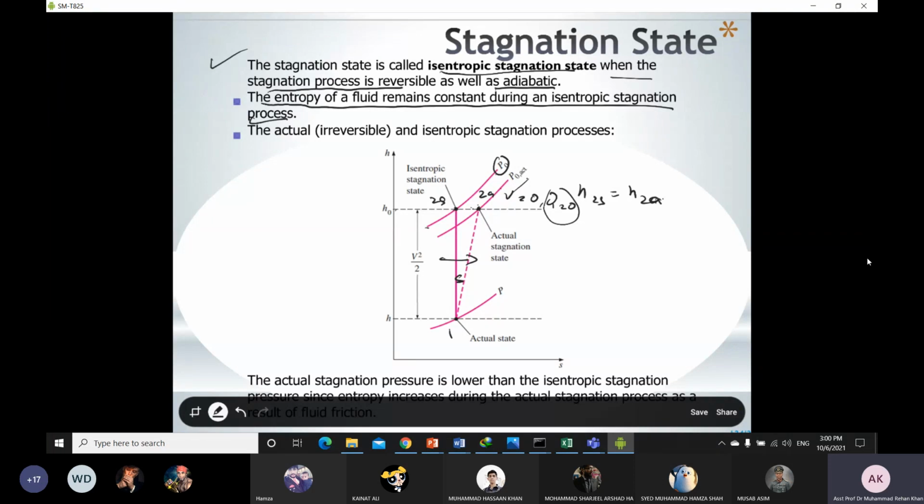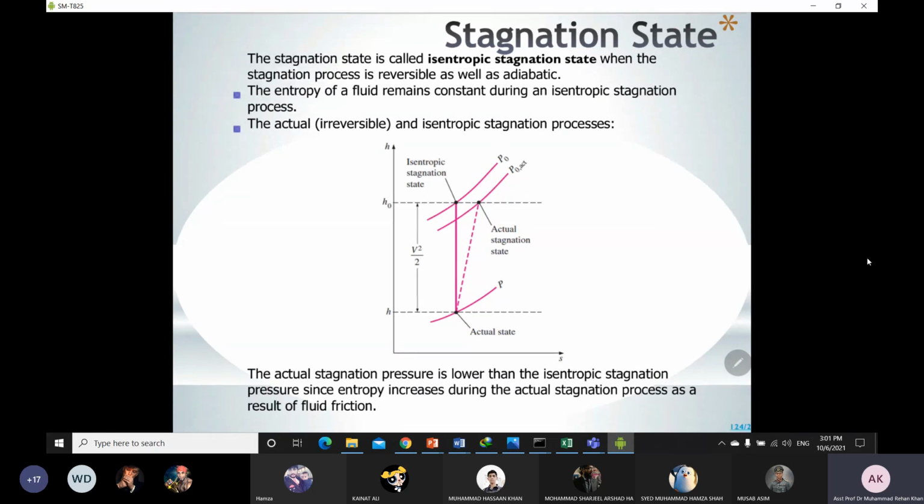This difference comes from the irreversibility, which is from the fluid friction. In the actual process there is fluid friction, so due to this fluid friction the pressure decreases in comparison to the isentropic stagnation state. In the actual state we get the lower pressure due to the fluid friction, that is, due to irreversibilities. The same explanation is written over there.